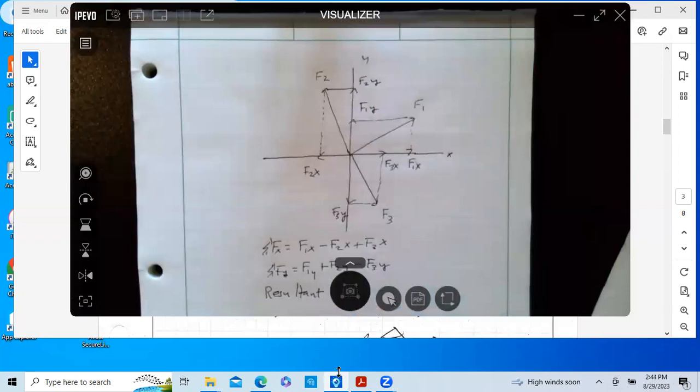As you go through this, what's the resultant? So sum of forces in the x plus sum of forces in the y.